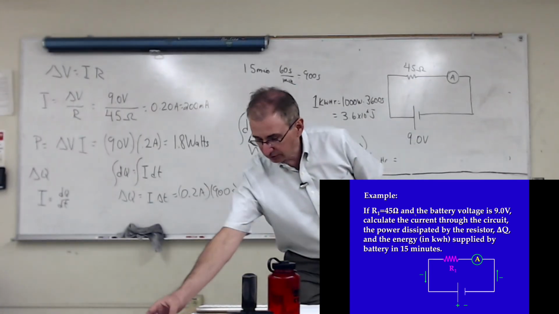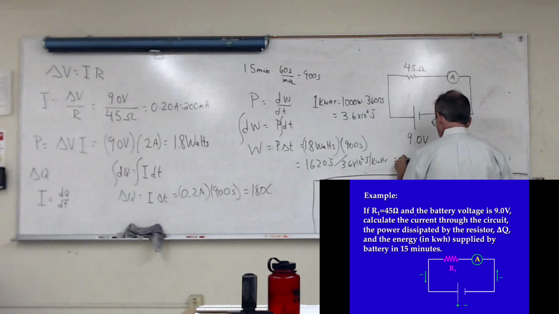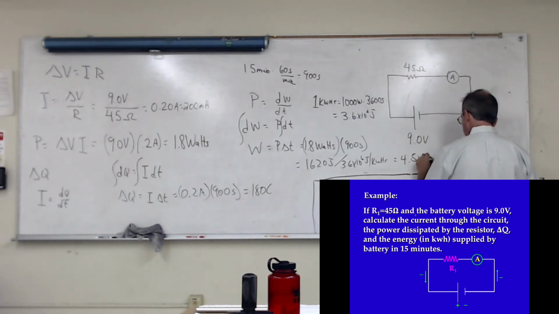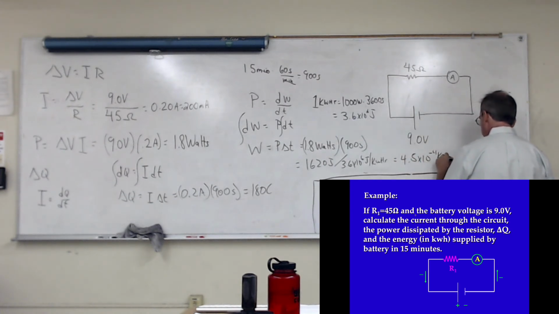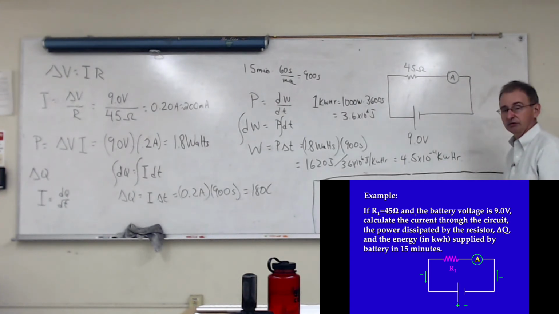And that'll give you 4.5 times 10 to the minus 4 kilowatt hours. Now, if you know how much you're getting charged per kilowatt hour, you can figure out how much that costs you. That's how you look at your electric bill.